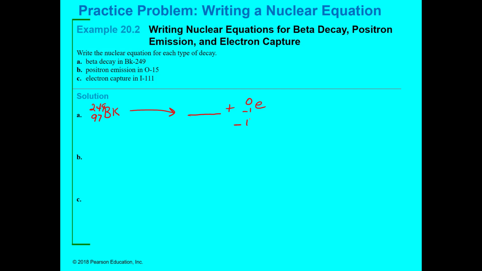So I have to have what minus 1 equals 97. So this is going to have to be 98 minus 1 equals 97. So this one's going to be 98 on the bottom, and then 249, and this is 0. So 249 will stay the same, but it becomes californium. Why? Because this changed.